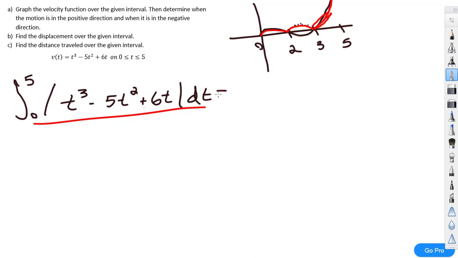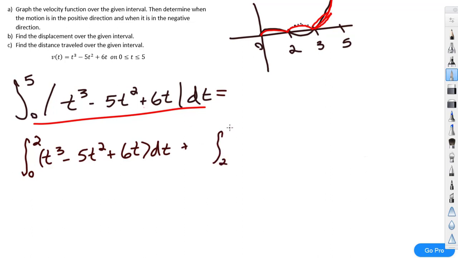So this is going to be the interval from 0 to 2, because that's where I have positive, t to the 3rd minus 5t squared plus 6t dt. And what I want to do is add to that, not the area from 2 to 3, but the positive area from 2 to 3.